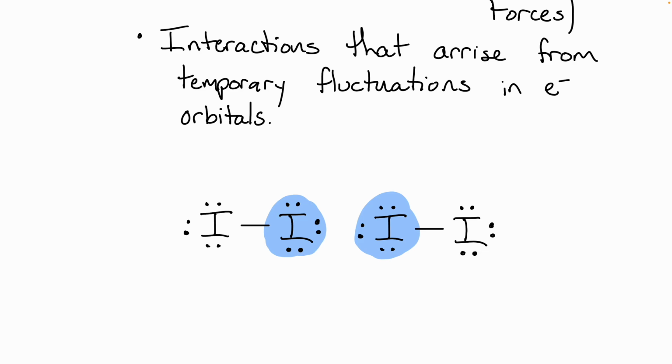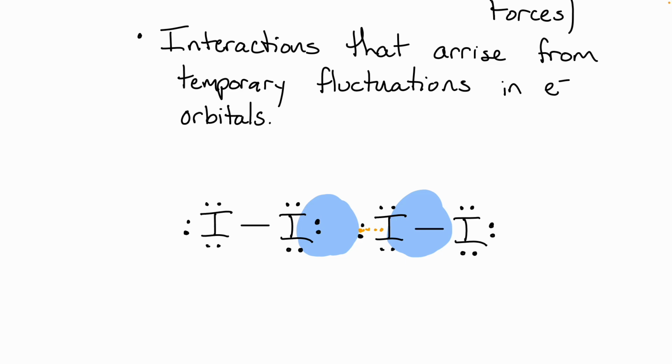So here's one on one, and here's one on the other. Okay? But in the chemistry world, in the atom world, nothing's ever just frozen still. So these things are constantly moving around. They are these fluctuations that occur in these electron orbitals. Same thing with this guy, his electron cloud is also bouncing around. And every once in a while, the electron cloud of one gets to form a temporary interaction with the nucleus of its neighbor.